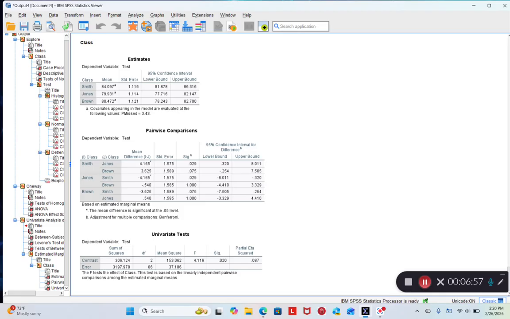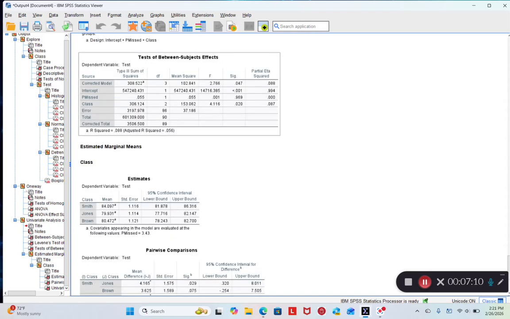So the assumption of homogeneity of regression of slopes was met. The significance was 0.020, so there was a significant effect of class after controlling for periods missed. We looked at that up here with the degrees of freedom 2 and 86, and the F value is 4.116, which is also important.